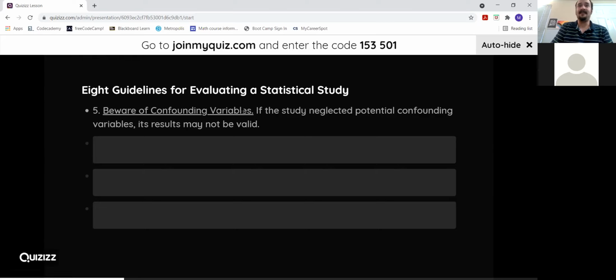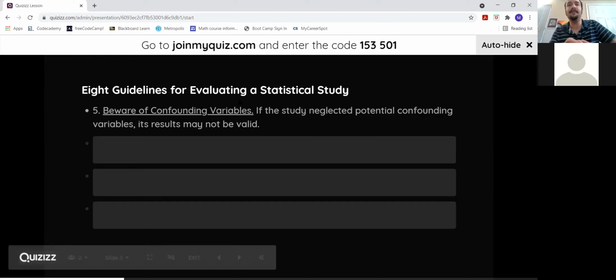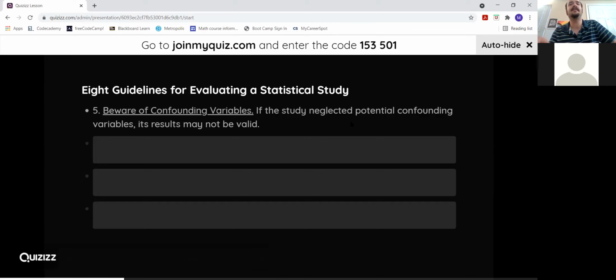That would be a confounding variable. They didn't consider income, right? They just looked at telephone poles and illness. There's a third thing out there called income that was more deterministic, and it actually determined whether they were getting sick or not.